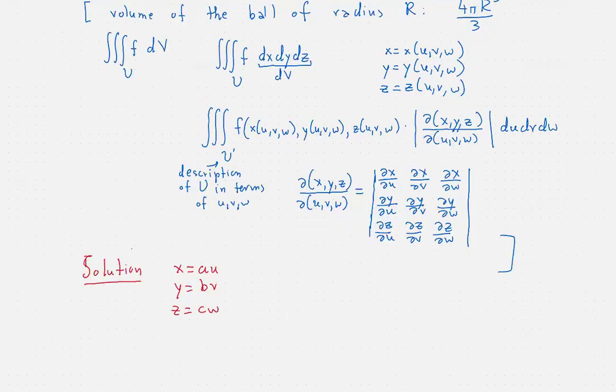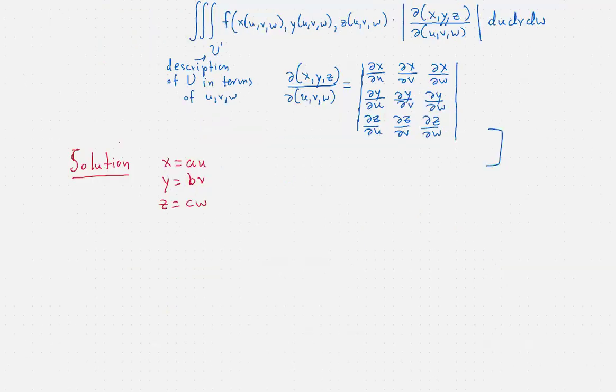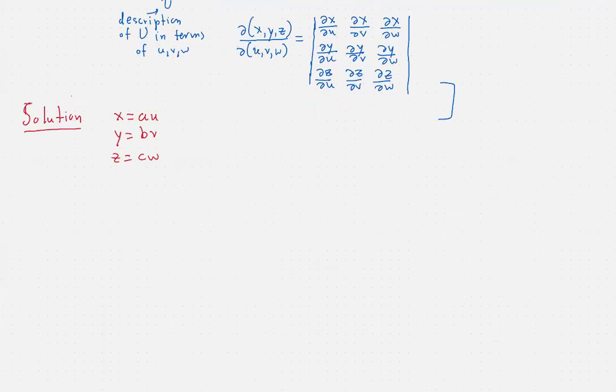And if we take the description of the ellipsoid, the boundary, for example, is x squared over a squared plus y squared over b squared plus z squared over c squared equals 1. So we look at the boundary. This is a usual method for determining the new domain. The understanding is that the boundary of the old domain will map onto the boundary of the new domain, or its description with respect to the new variables.